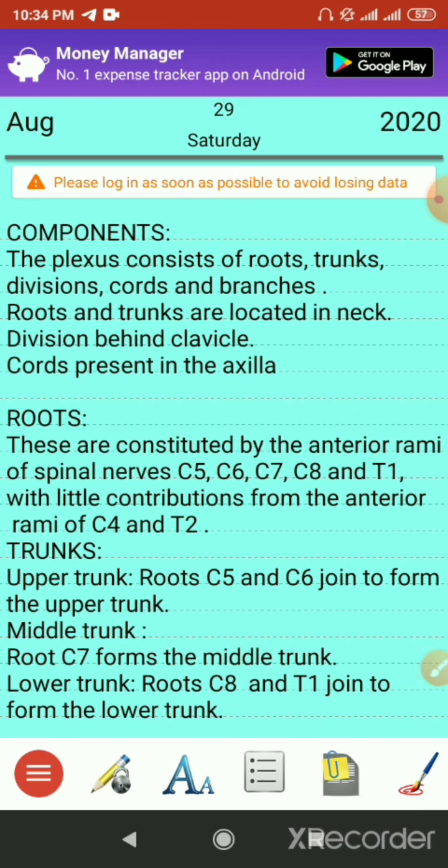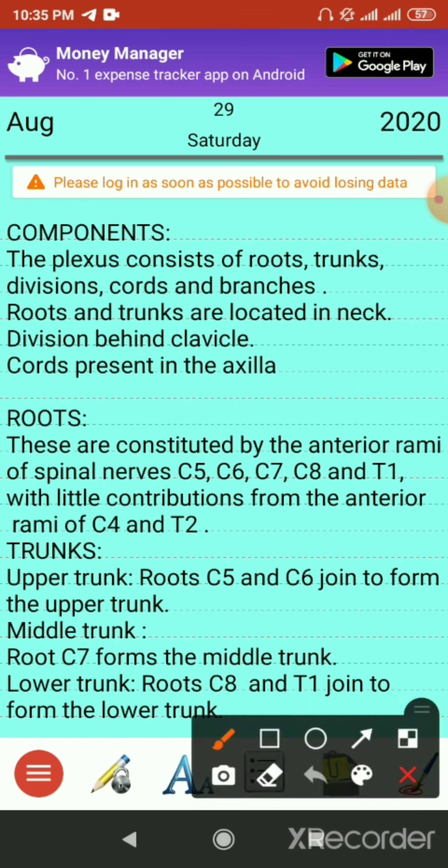Now come to what are the components of the brachial plexus. The brachial plexus consists of roots, trunks, divisions, cords and branches. Among them, roots and trunks are located in the neck.